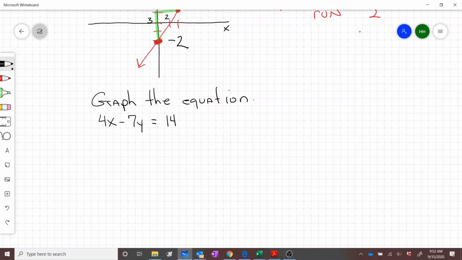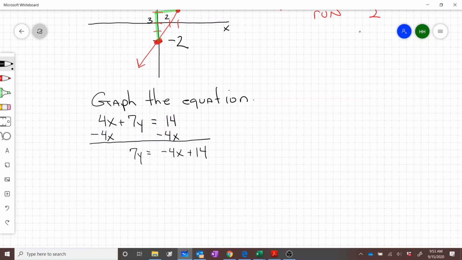All right, so we subtract 4x first. Do this real quick. In this original equation right here, change this 4x minus 7y to 4x plus 7y. So we're subtracting 4x from each side. We get 7y equals negative 4x plus 14.